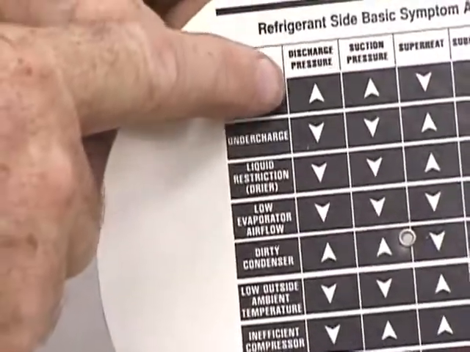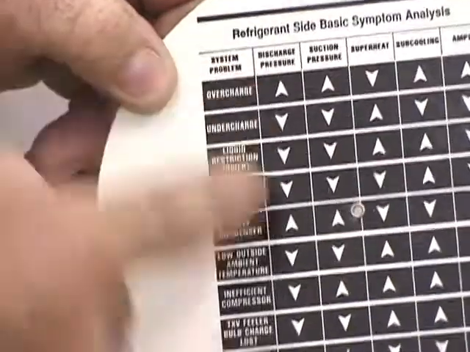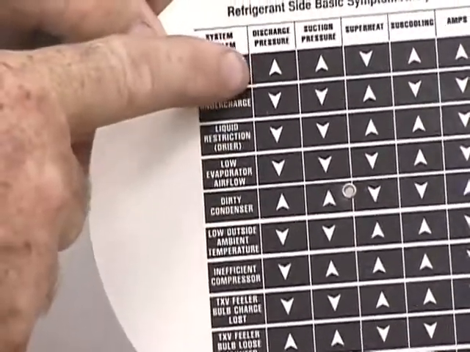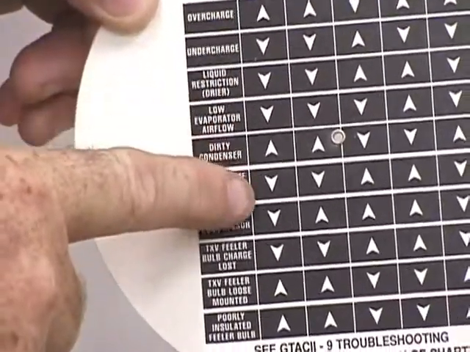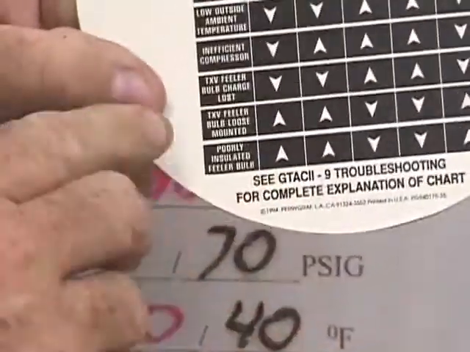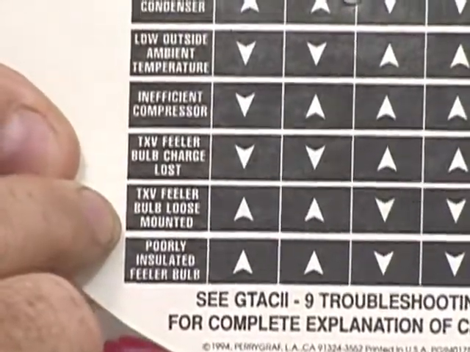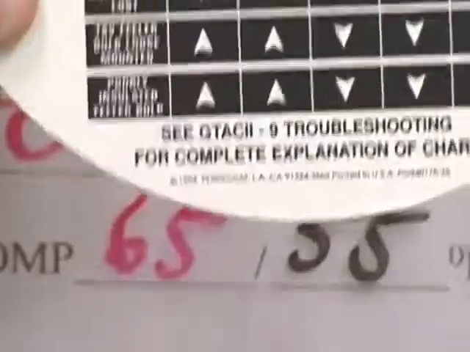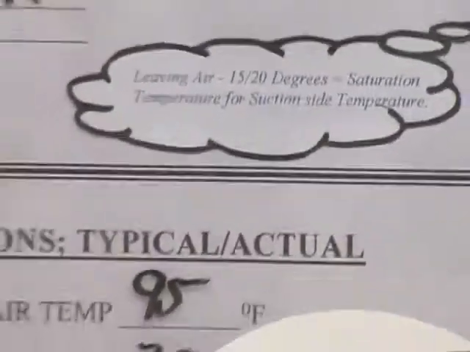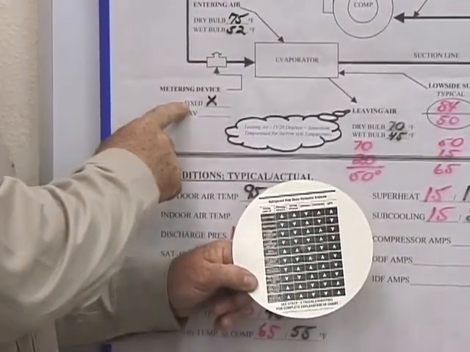If you follow this first column down, all you're looking for is what might be in the up position because it's talking about discharge pressure. Keep coming down, all the way down to the bottom. And you notice that at the bottom it says TXV feeler bulb loose. Well, we can eliminate that because we have a fixed situation here with our metering device.